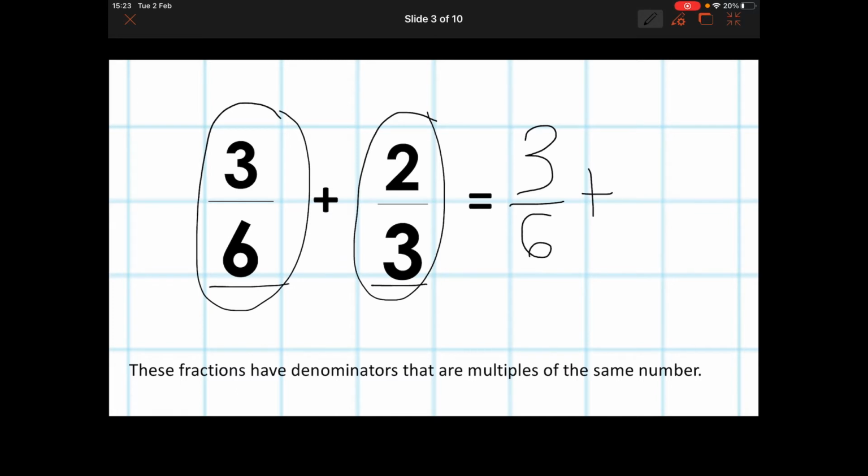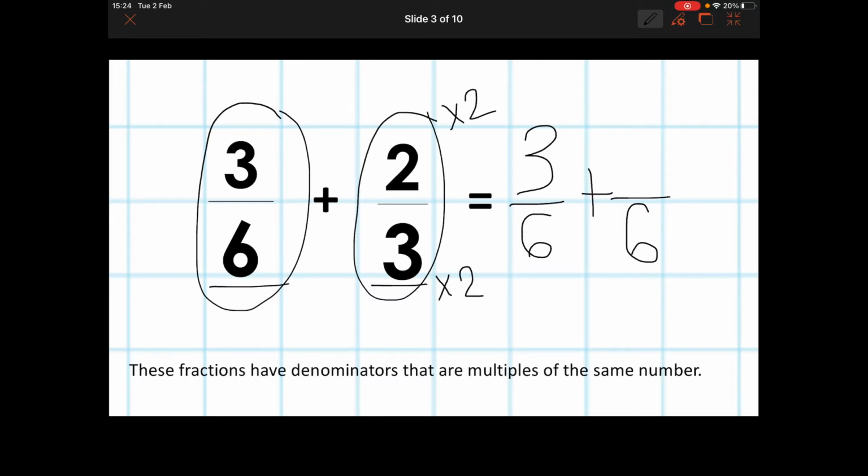Now I have to do something different with this fraction because it has not got a denominator of 6. So I have to think, what did I do to 3 to get to 6? What do you have to do to the number 3 in order to get the number 6? I had to times it by 2. So because I had to times the denominator by 2, I have to times the numerator by 2.